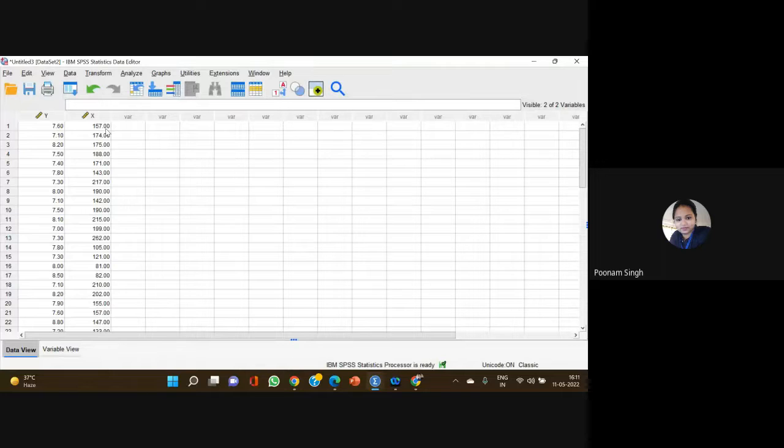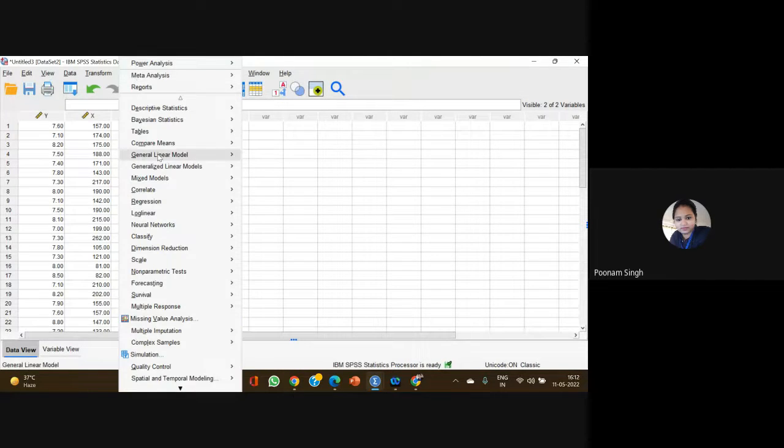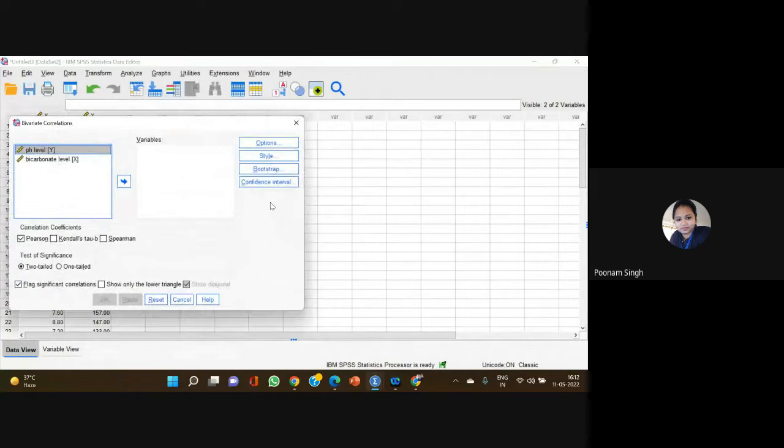Now to calculate a correlation coefficient, go to Analyze. In Analyze, go to Correlate. In Correlate, go to Bivariate and click on Bivariate. There are different types to calculate, but we are calculating the Pearson correlation coefficient. Now we have variables on the left hand side, and we have to move these variables to this window.